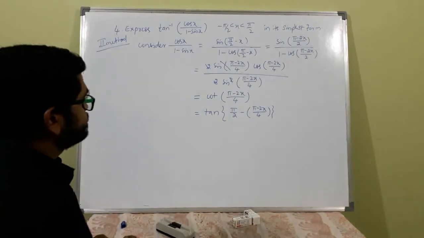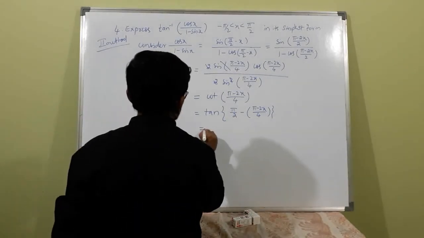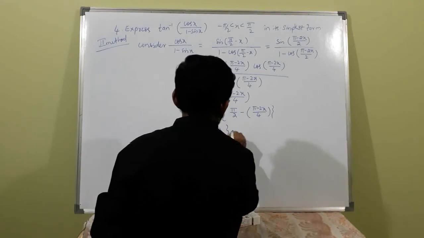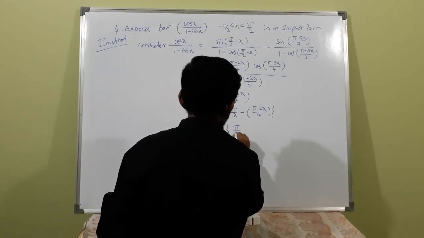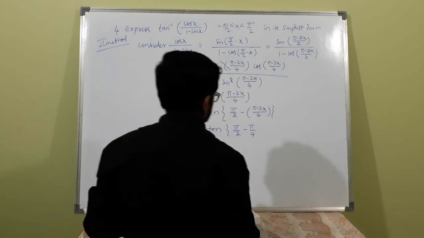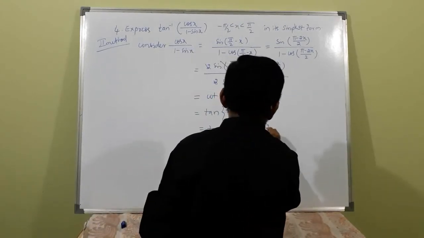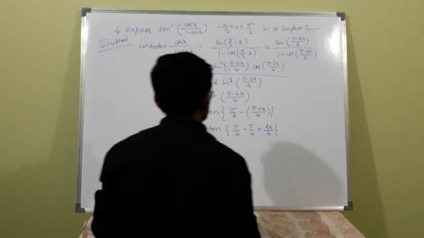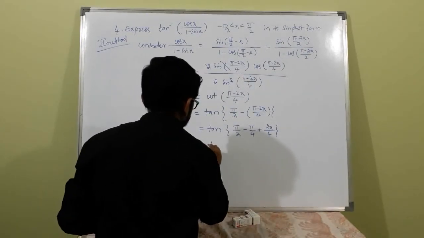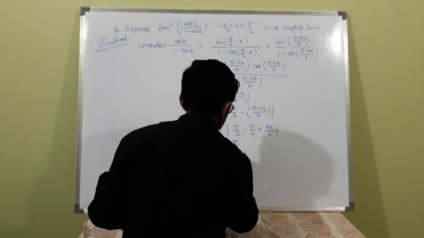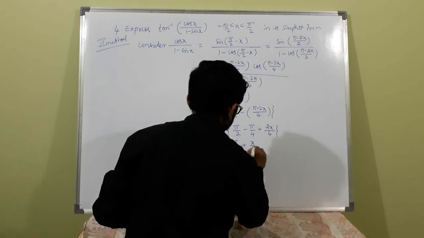Okay, this is tan of 5 by 2 minus 5 by 4 plus 2x by 4, that is tan of 5 by 4 plus x by 2.